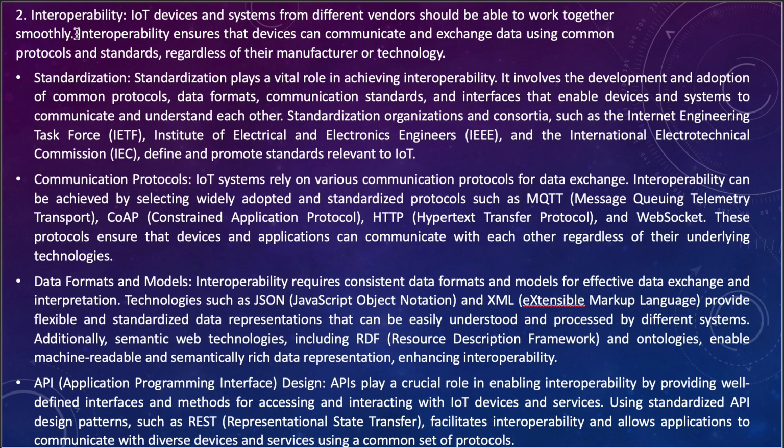IoT devices and systems from different vendors should be able to work together smoothly. One of the real world examples we talked about is Alexa. Amazon gives a product called Alexa, which is normally operated from voice command for smart homes.